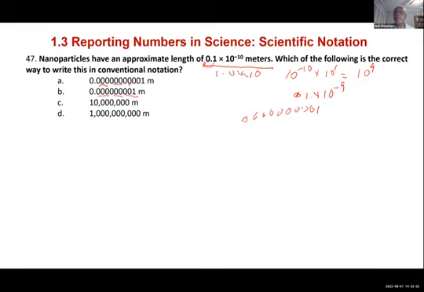So this is the correct answer, because you had to move 1 here. This becomes 1 and 8 zeros here.